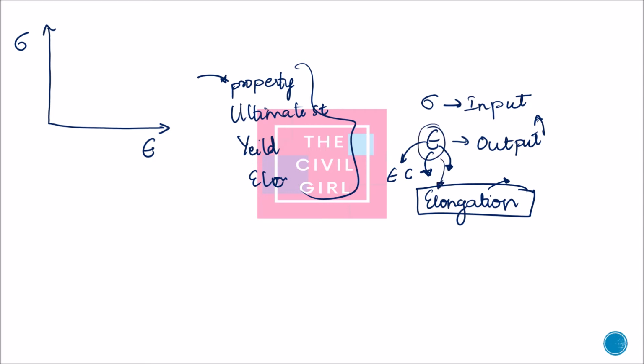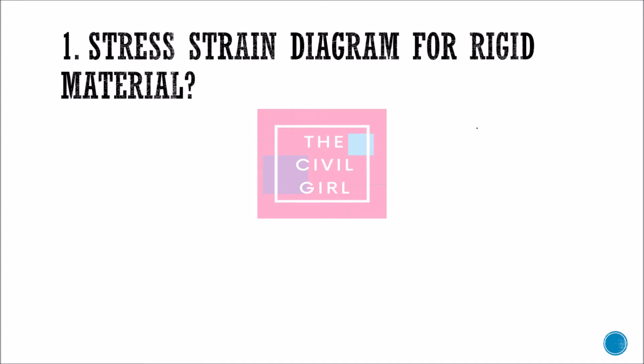So going to the question, the stress strain curve for a rigid material. So we know what is a rigid material, though it does not exist. We will assume that no matter what stress that we are giving, it will not change its dimension at all. It will not elongate, it will not compress anything. So keeping the previous slide in mind, so this is my stress, this is my strain. So I know that for a rigid material, my strain is 0.